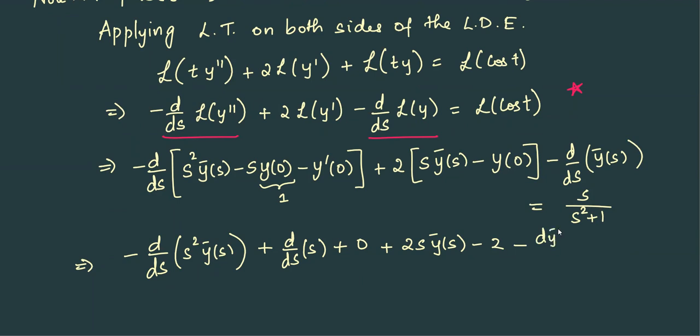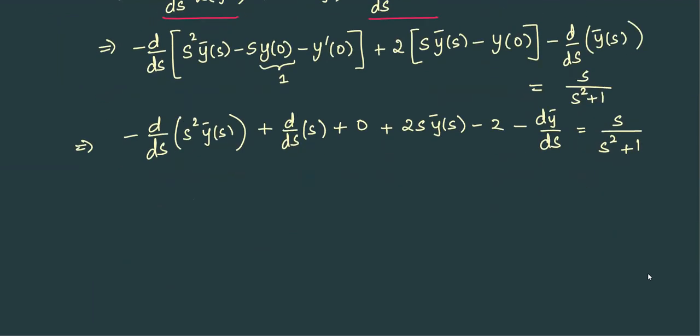Minus, we just get dy bar by ds. Writing this, differentiating by UV rule, product rule: keep the first function, differentiate the second, dy by ds.